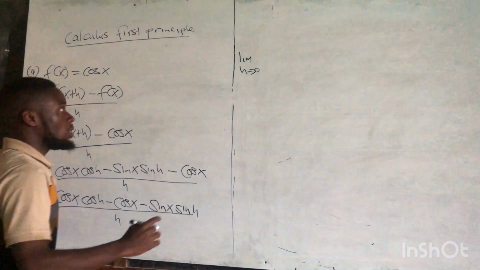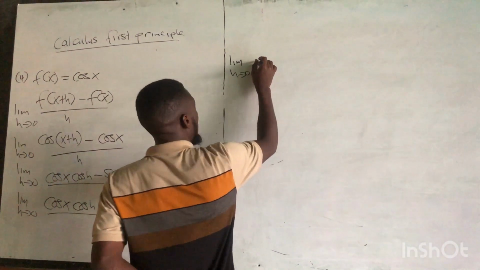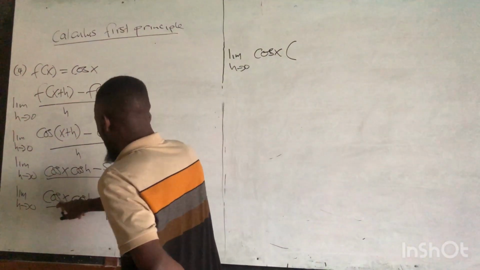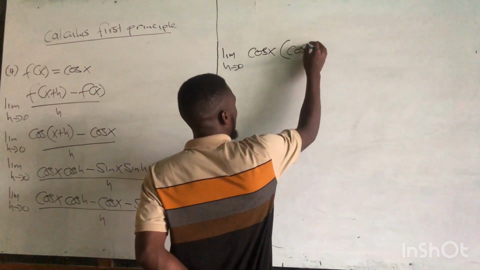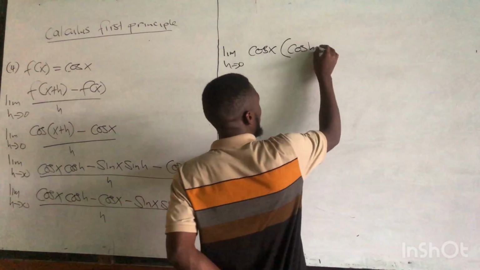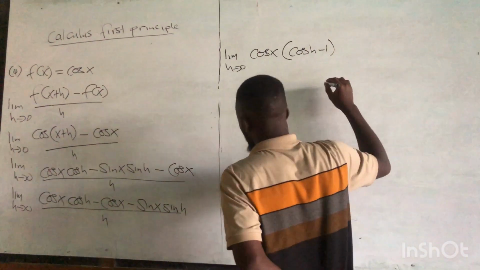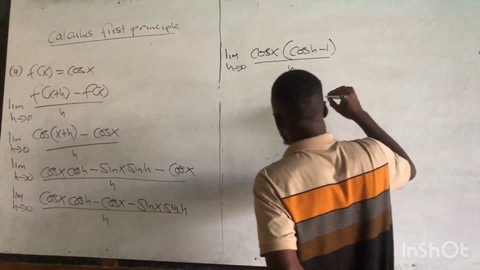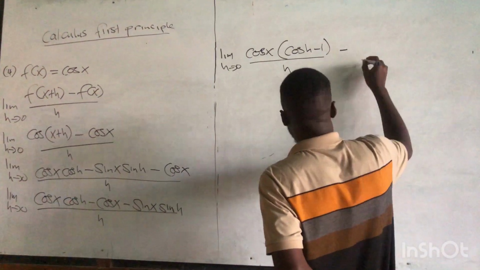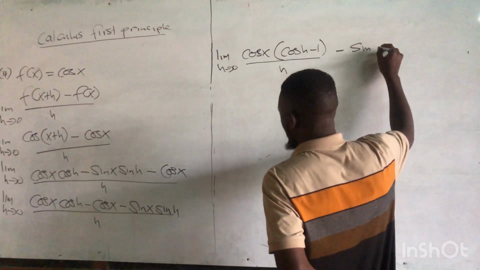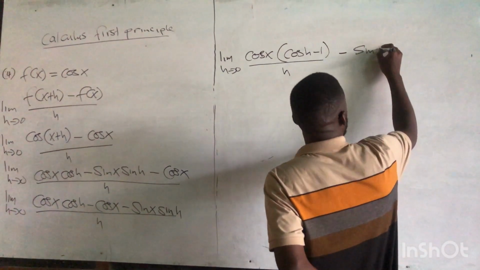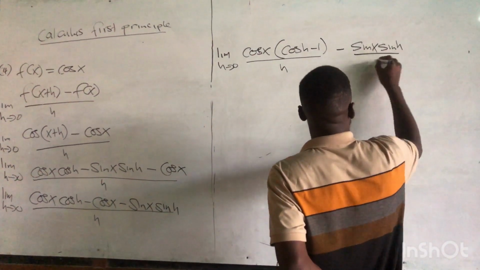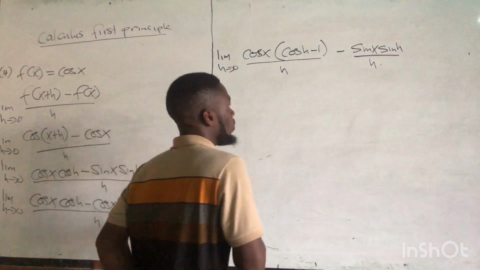So we have cos x times cos h minus 1, over h, then minus sin x sin h over h.